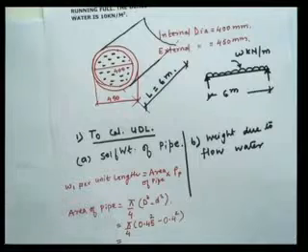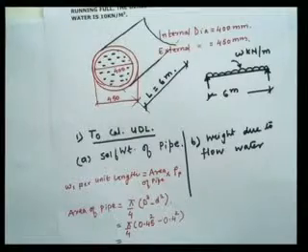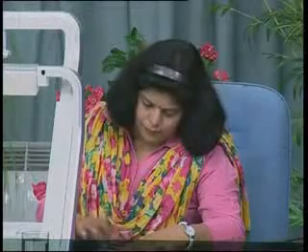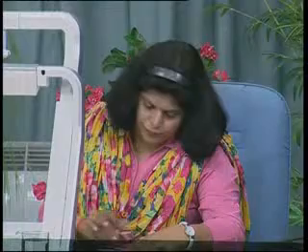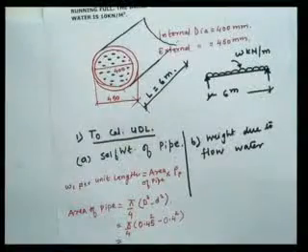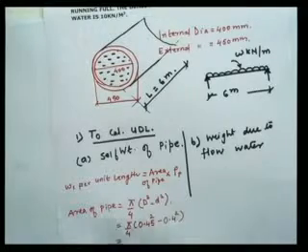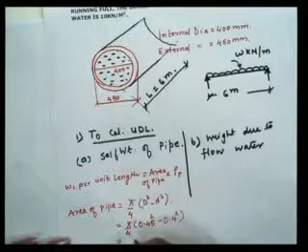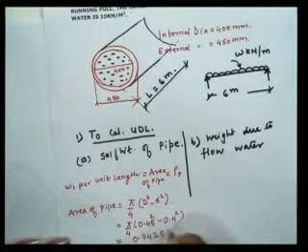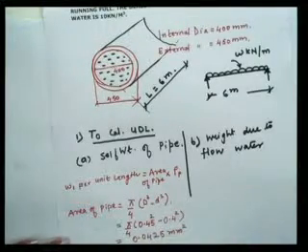Okay, so we get the answer, pi by 4 into that is 0.0425 meter square. Okay.